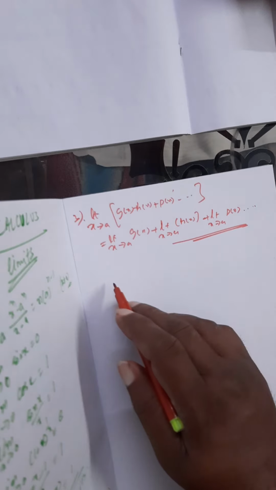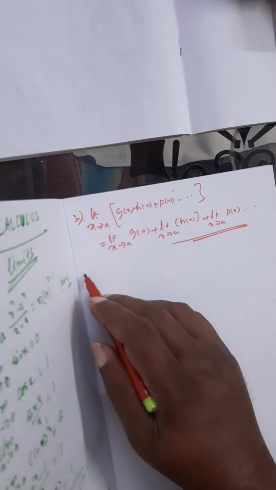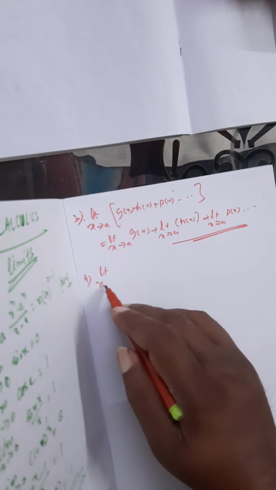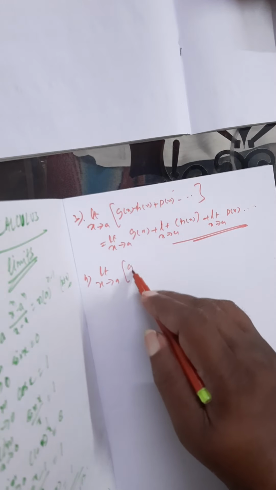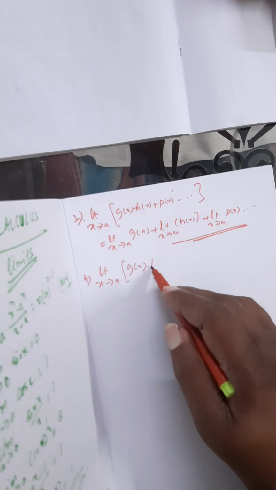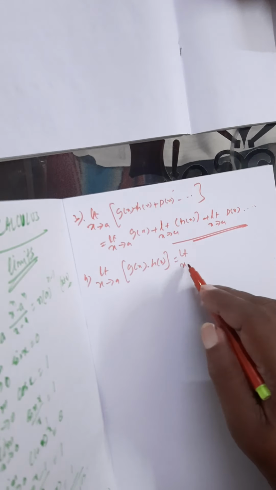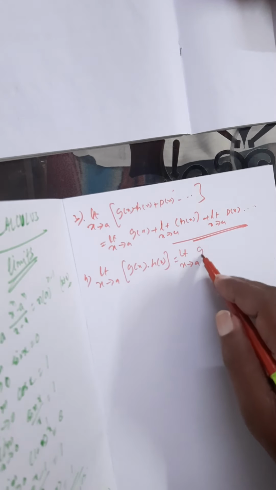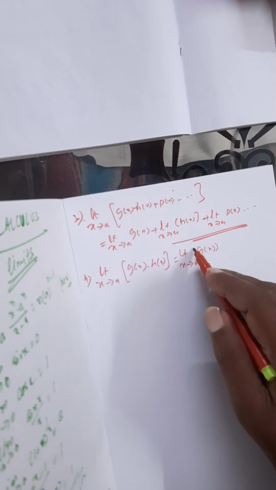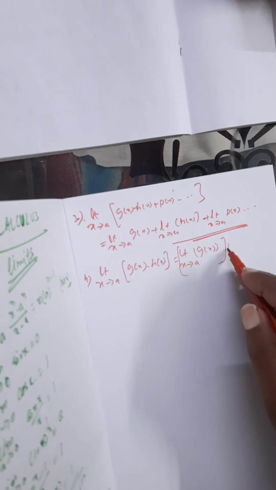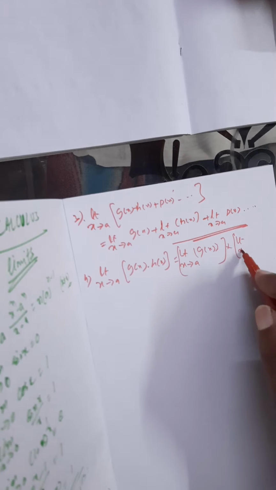And for a product, we can also separate it. Fourth one, limit x tends to a of g(x) into h(x). We can separate this also: limit x tends to a of g(x), times the limit x tends to a of h(x).